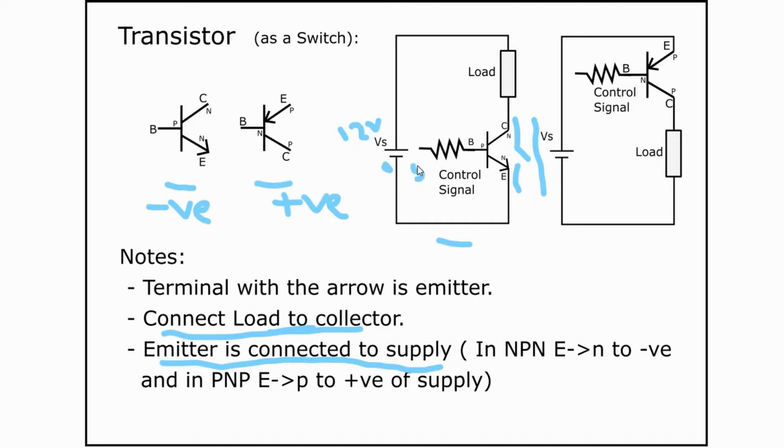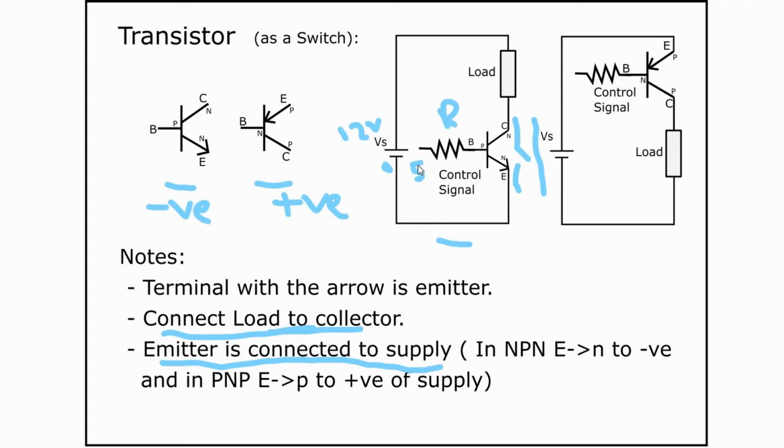Let's assume 5 volts. I have used a resistor here to limit the base current below specified values, or else if the base current is above a value specified by the manufacturer, the transistor is going to fail. Again, we will design a value of R in this tutorial.